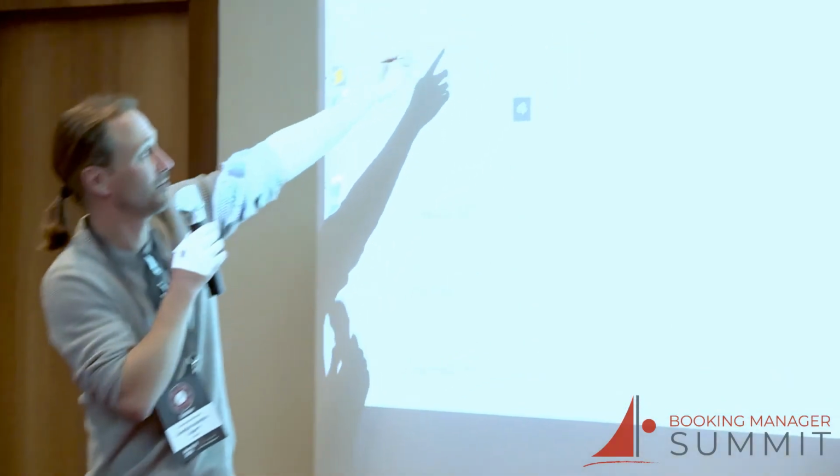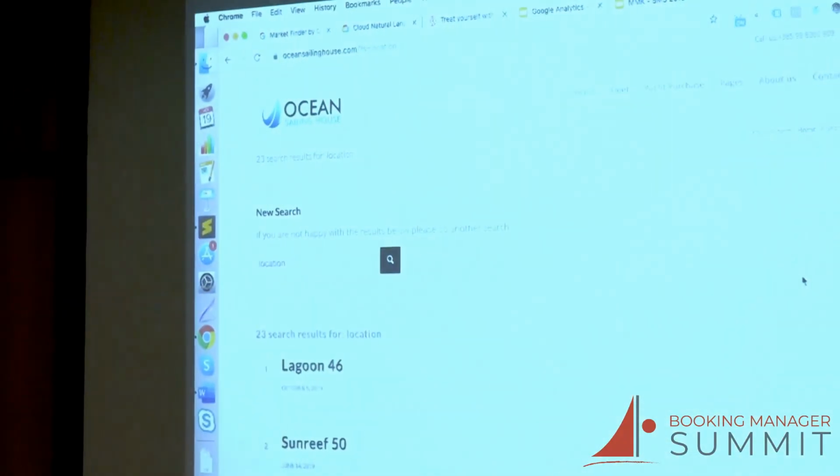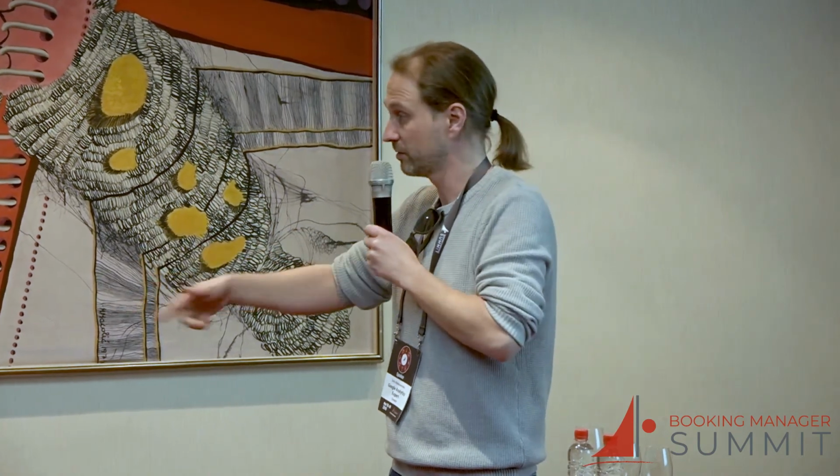The third thing is basically these keywords. In this case, I just put in location. It can be destination, it can be a type of boat, it can be anything in terms of this. So this information can be used in two ways. So the first way, use it in Google Ads campaigns or in SEO, things like that. Or the second one, these are items that users have a problem to find on the site.